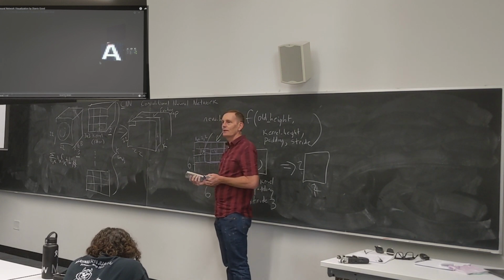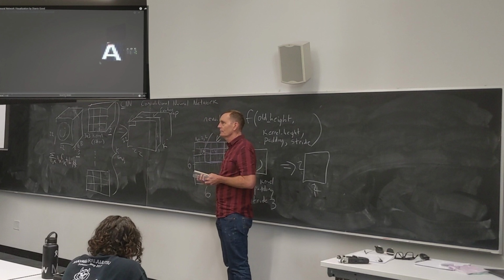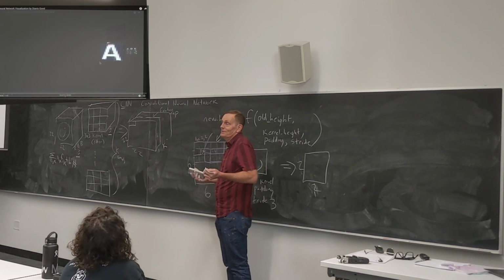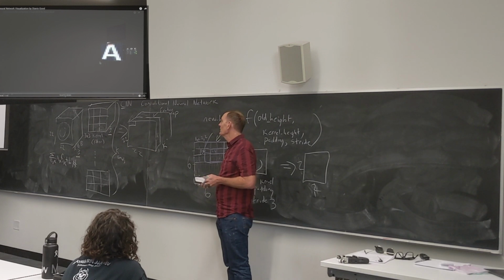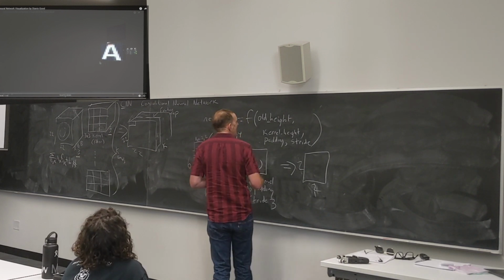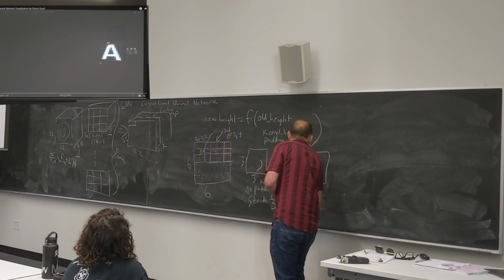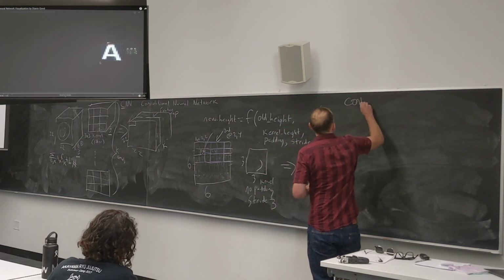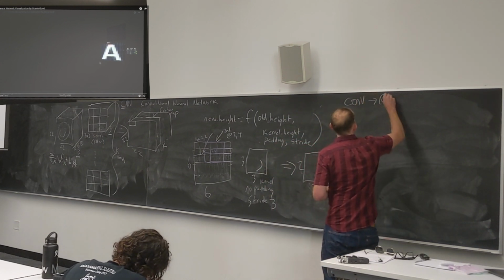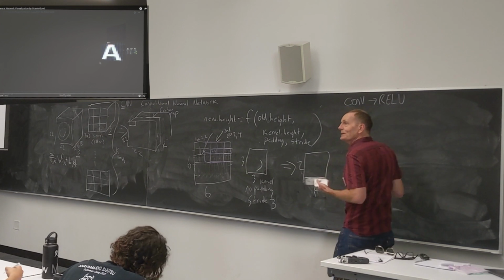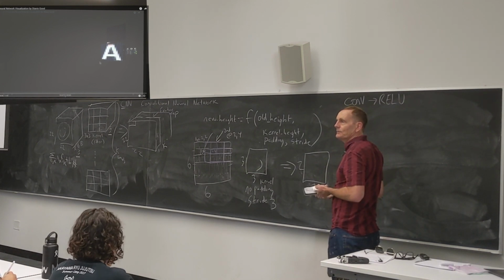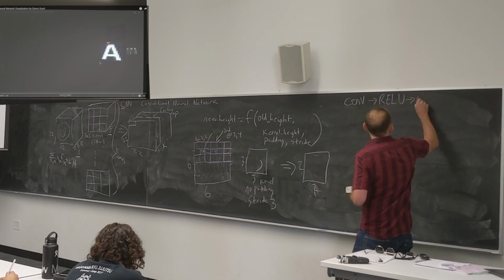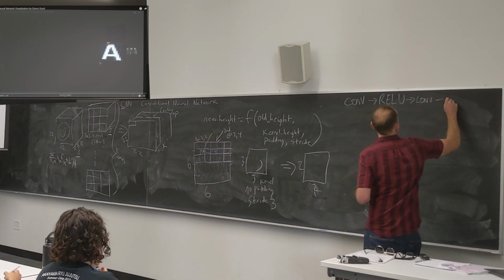So how do we get nonlinearity? How have we done that so far? Activation functions. And the simplest activation function that we've used? ReLU. So that's what we would normally do. We will normally have a convolution followed by a ReLU or possibly some other activation function, followed by often another convolution and another ReLU.